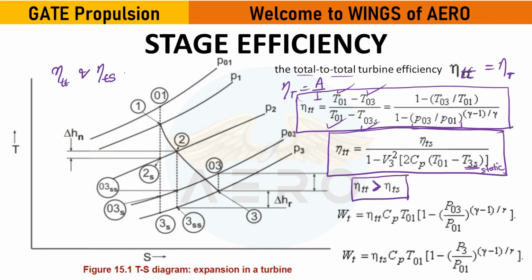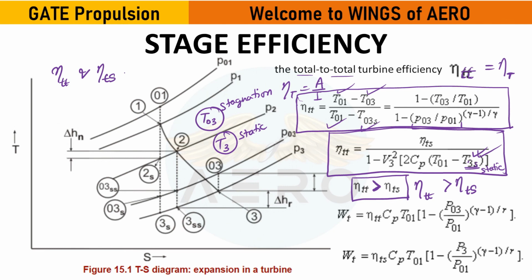Could you follow? Ma'am, what does the subscript S represent in T03? Eta TT is equal to T01 minus T03 divided by T01 minus T03S. S represents, see, when we represent T with 0, it is a stagnation point, and when we represent T3 it is a static point. So here we are taking an ideal static point.